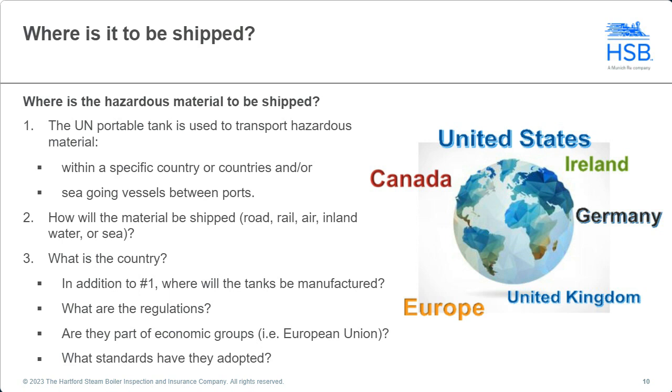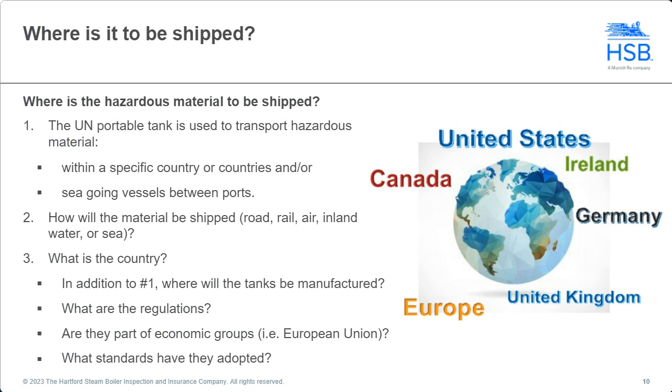The next thing we need to know is how the material will be shipped: road, rail, air, inland water, or sea? With UN portable tanks, we're thinking primarily road and probably a little bit of sea. There are requirements that need to be considered as far as the design requirements, so we may need to look at different parts of 49 CFR, depending on whether it's road, rail, air, or inland.